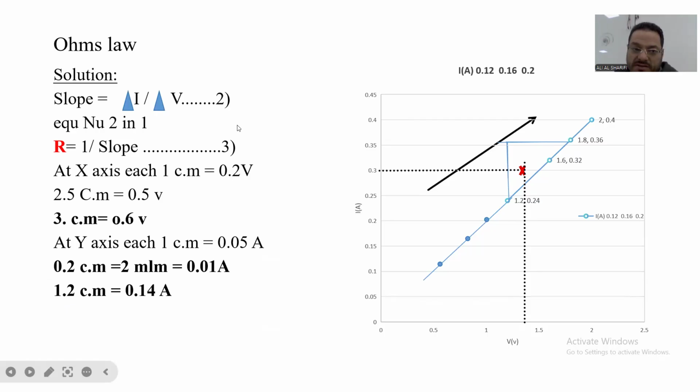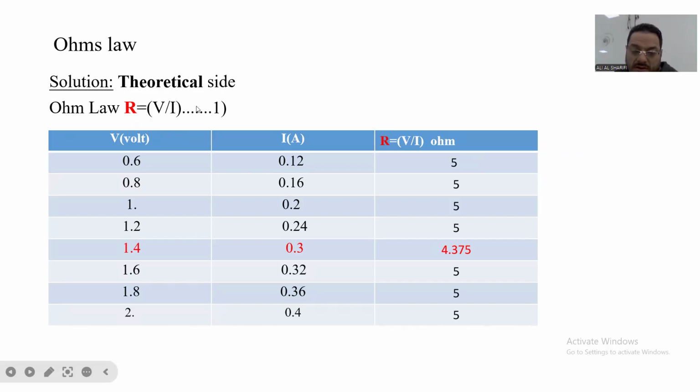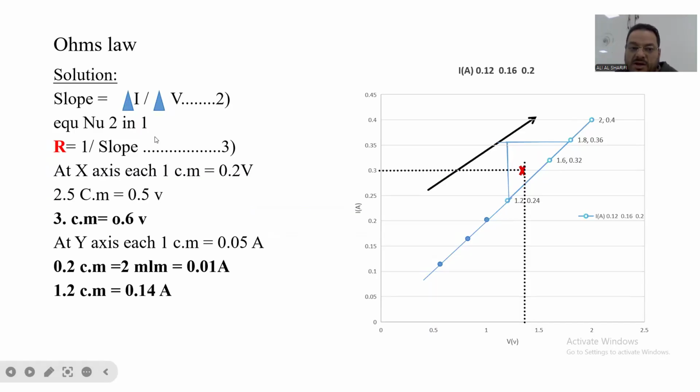By that, the slope is tan theta, from the first form, Ohm's form, number 1, number 2, tan theta, we can understand the slope, the inverse slope equals the unknown resistance in our circuit. Or you can use this form, at the x-axis each 1 centimeter equals 0.2 volt, at the y-axis each 1 centimeter equals 0.05, like I said before, ampere.